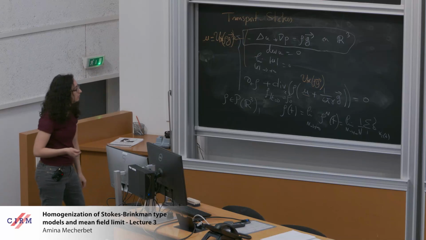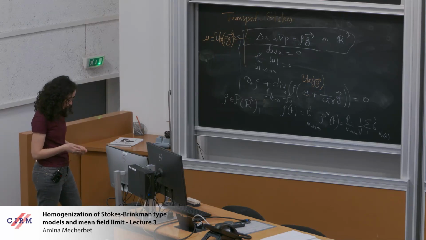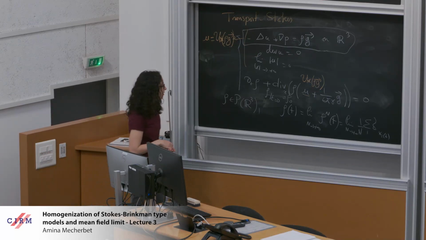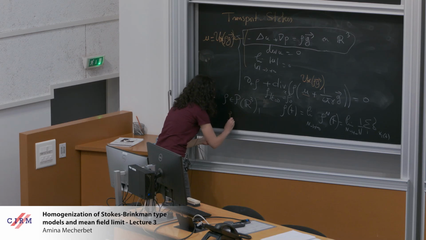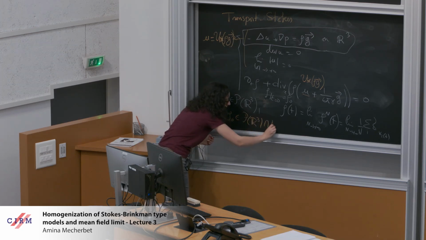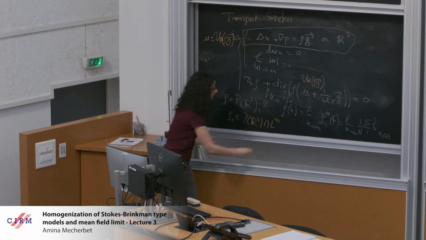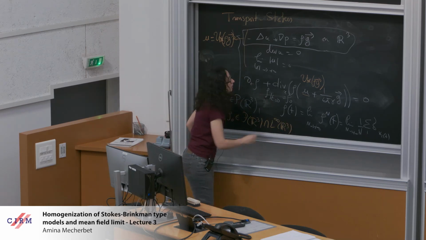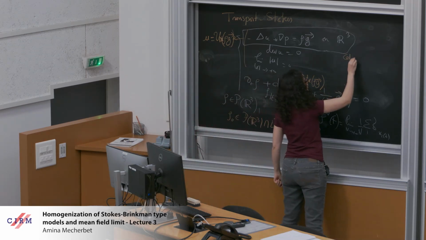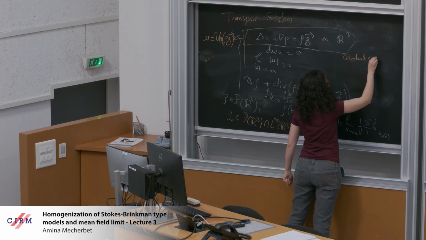So we know that there is existence and uniqueness actually if you assume rho 0 to be, let's say, a probability measure which is bounded. So we have a global existence and uniqueness.